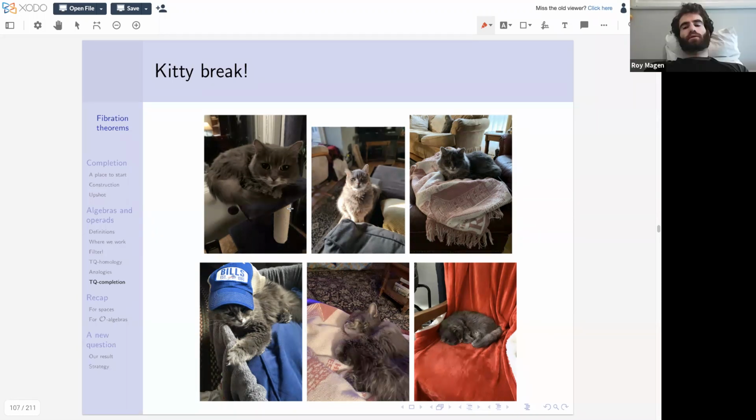So it looks like this story is about, as Liam asked, Postnikov towers. But can you do sort of a Whitehead story? Instead of taking what I call quotients, could you take sub-operads where you kill off the first n arity operations? Again, unfortunately, the answer is I'm not sure.